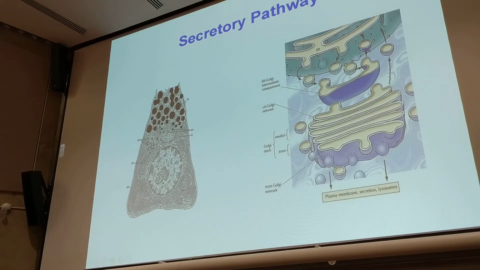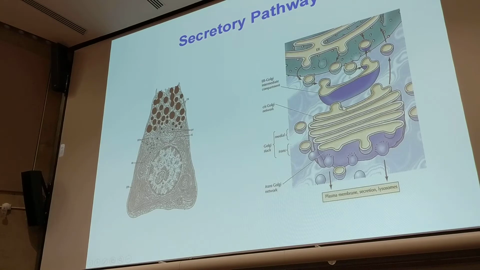So the structure will tell you a lot about the function of the cell. So this is the Golgi apparatus, which is connected to the ER, or the endoplasmic reticulum, through vesicles that go back and forth from the ER to the Golgi.